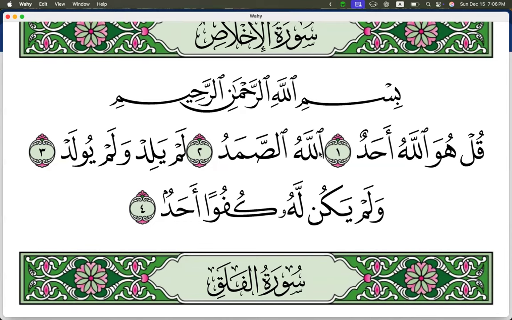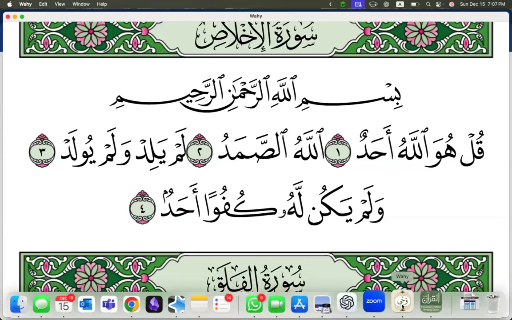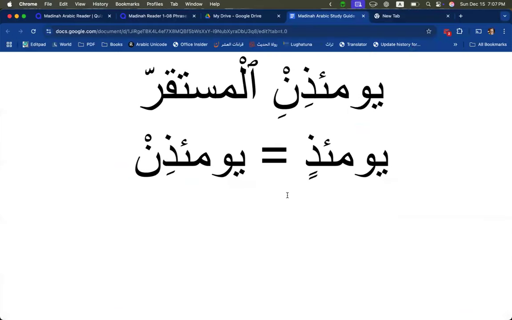Can you connect it again? Ahadunillah. Ahadu. Okay. So the tanween goes away. It doesn't really go away. It just sounds like it goes away. It's really ahadun and then Allah, right?